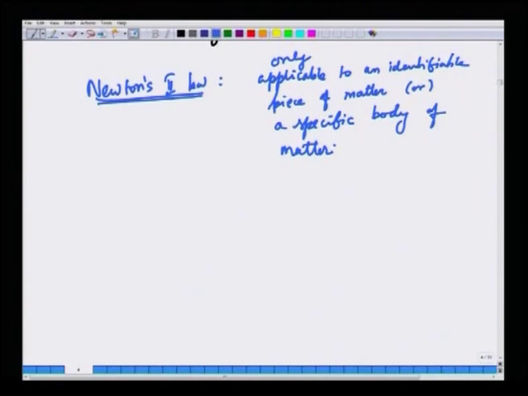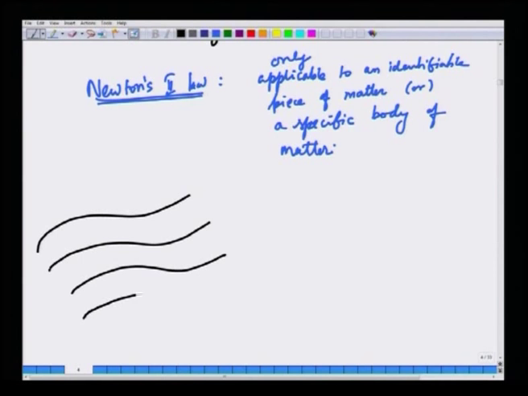But in principle, at least in fluid flows also, we can identify a set of points. Suppose you have a fluid flow like this; these are the streamlines.